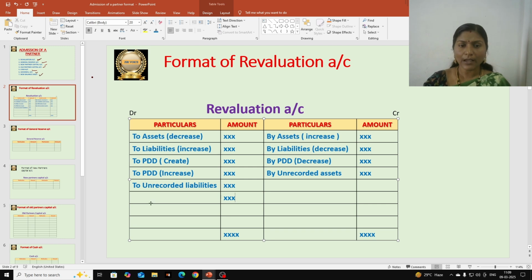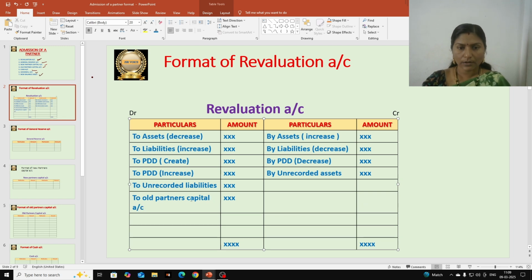Okay, and this is actually revaluation profit, and profit or loss we should always transfer to the old partners' capital account. In brackets we should mention that it is revaluation profit, and we should distribute it to the old partners.